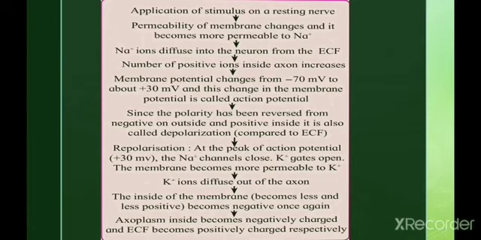Here, influx of sodium ion takes place. Now, due to this, the number of positive ions inside the axon increases and the membrane potential changes from minus 70 millivolt to about plus 30 millivolt, and this change in the membrane potential is called action potential.